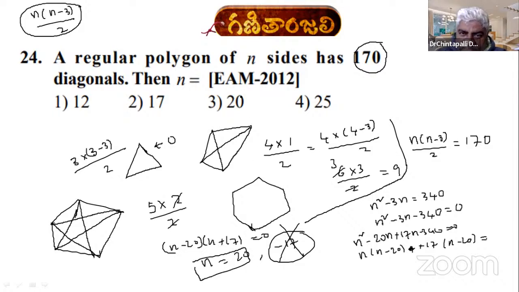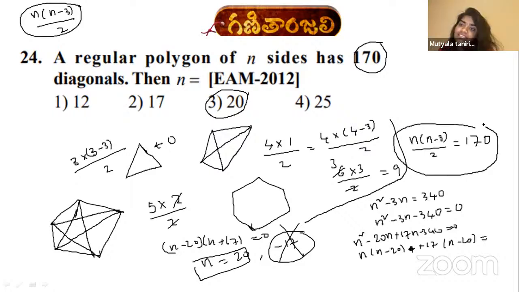But in objective questions, when multiple choice is there, we need not go through this process. We can just substitute it, just verification. Take the first option, 12 times 12 minus 3 by 2. Is it 170? No. Of course, it will not be the answer.